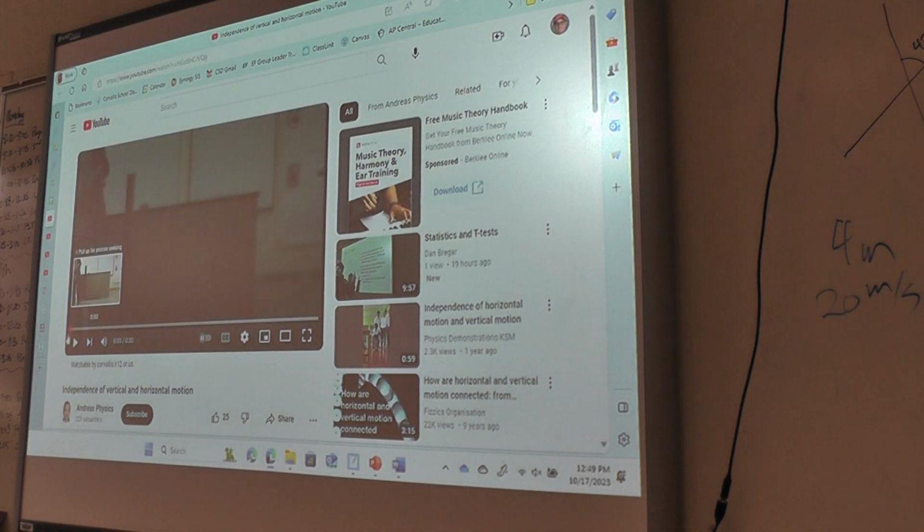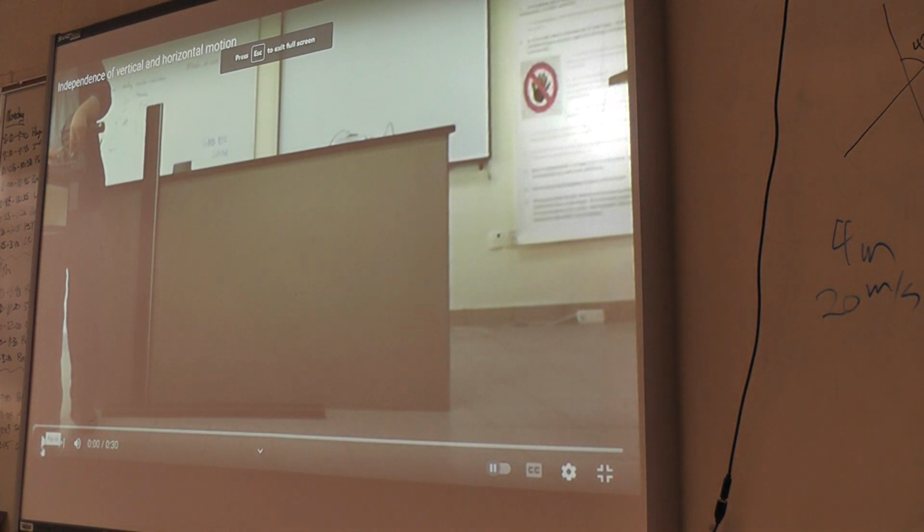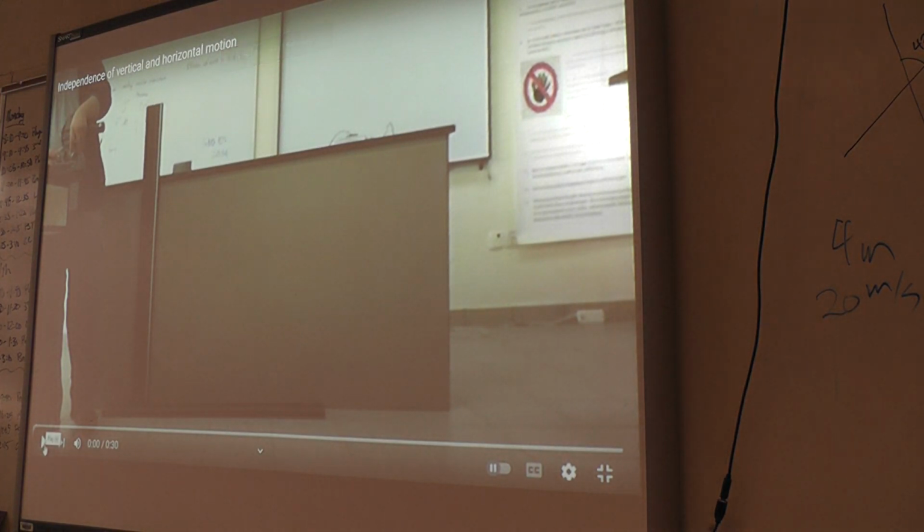So this is kind of a classic demonstration of what happens when two objects are in free fall. They both start with no motion at all vertically. One of them has some horizontal motion to begin with.